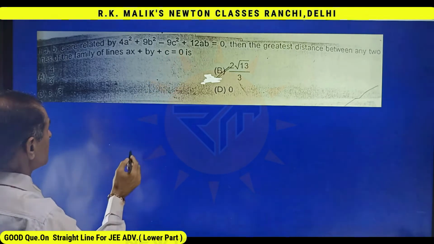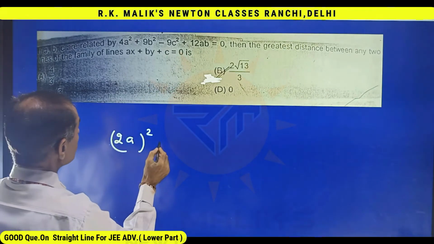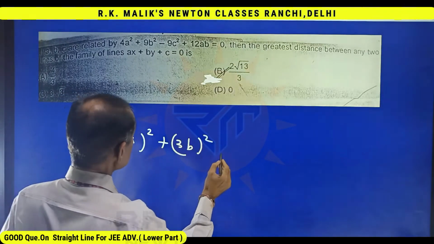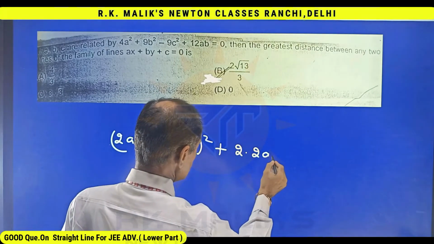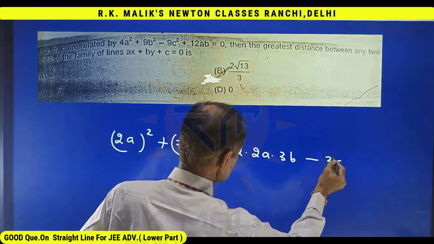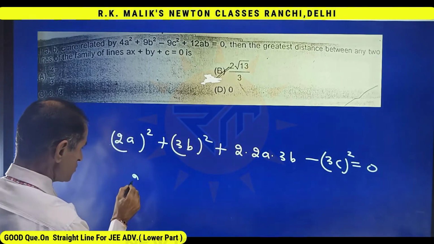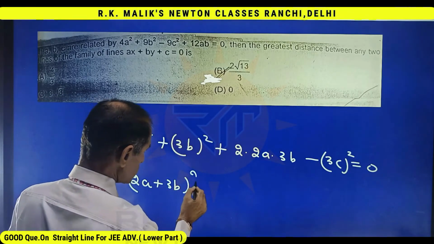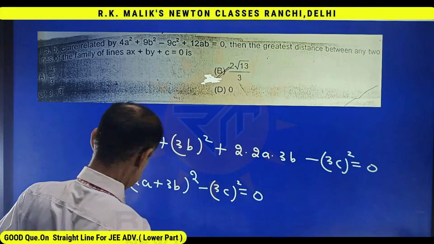Clearly, this equation can be written as (2a) whole square plus (3b) whole square plus 2 into 2a into 3b minus (3c) whole square equal to 0. That is, I get (2a plus 3b) whole square minus (3c) whole square equal to 0.